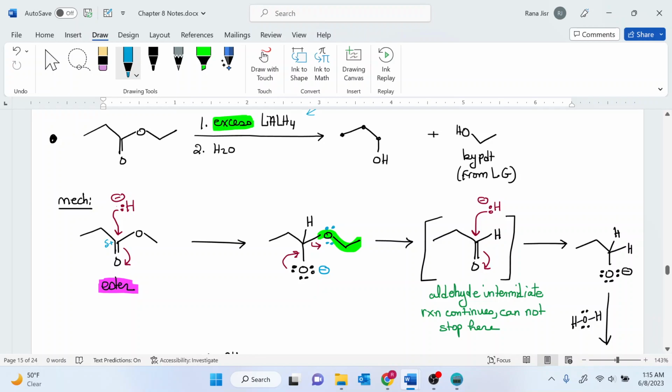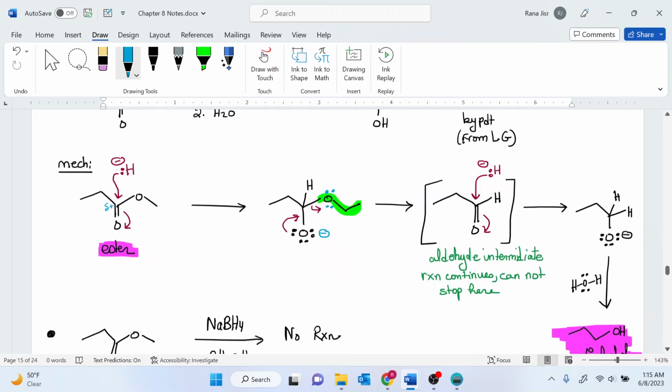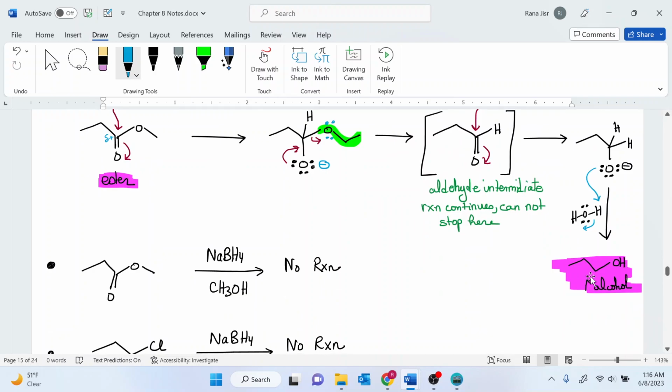You're going to end up having the negative charge on the oxygen there. There is no other leaving group to leave, so that's it. Now we're going to go to the next step of the reaction where we need to protonate the oxygen in there by simply having an acid-base reaction. The OH is going to leave and you're going to end up getting a primary alcohol.